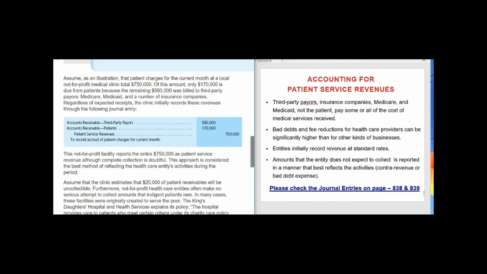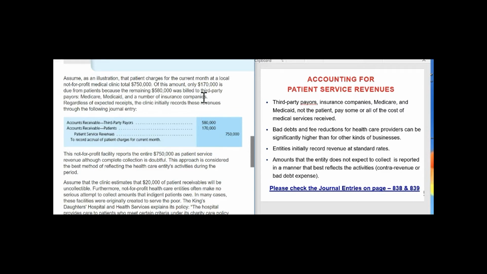The example says that a local not-for-profit medical clinic has total patient charges of $750,000. Of this amount, only $170,000 is due from patients, because the remaining $580,000 was billed to third-party payers: Medicare, Medicaid, or a number of insurance companies.